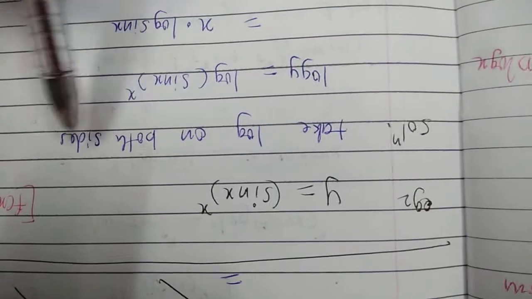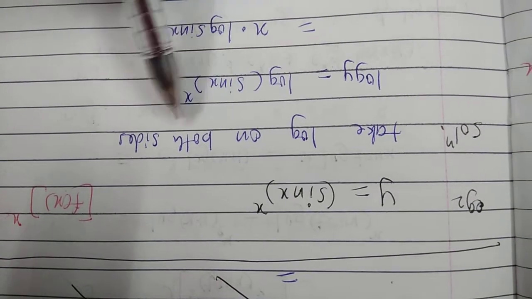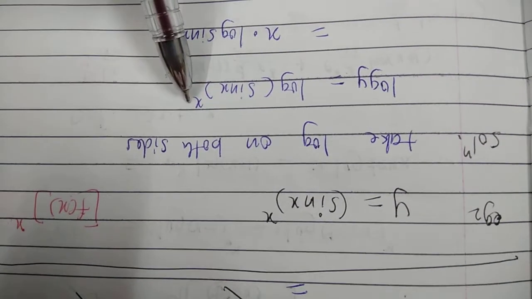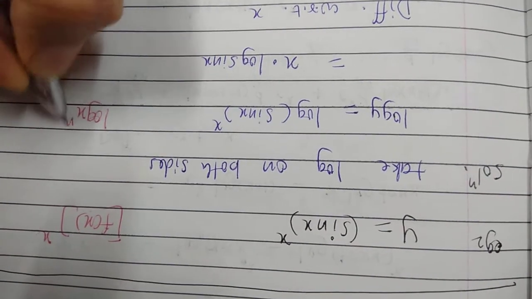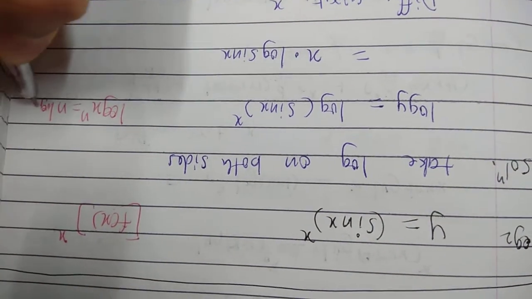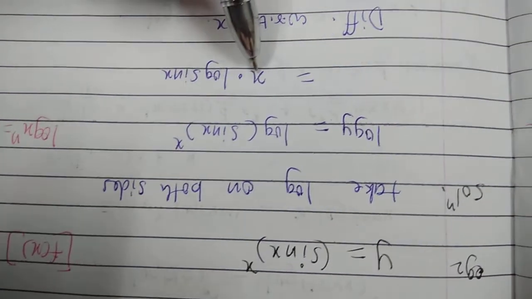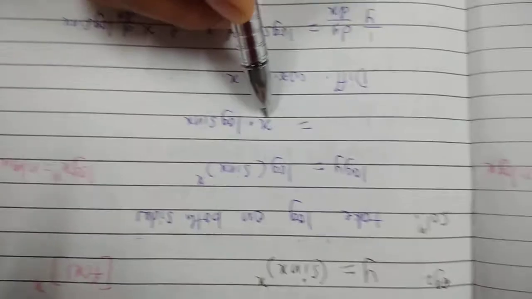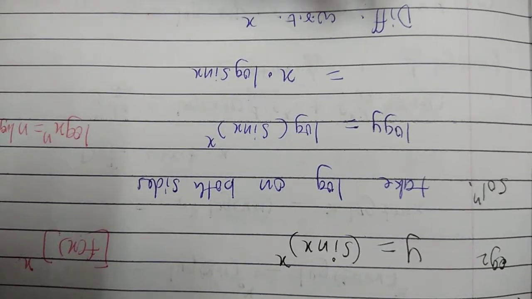So taking log on both sides, log y equal to log of sin x raised to x. Using again the log x raised to n formula, that is n into log x, we will take x down here: x into log of sin x. So we have to find the derivative, differentiating with respect to x.